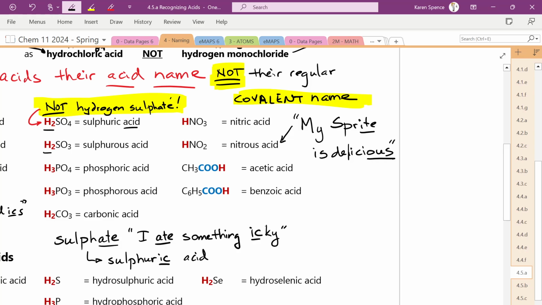So if you have nitrite, when we make it into an acid, it becomes nitrous acid.